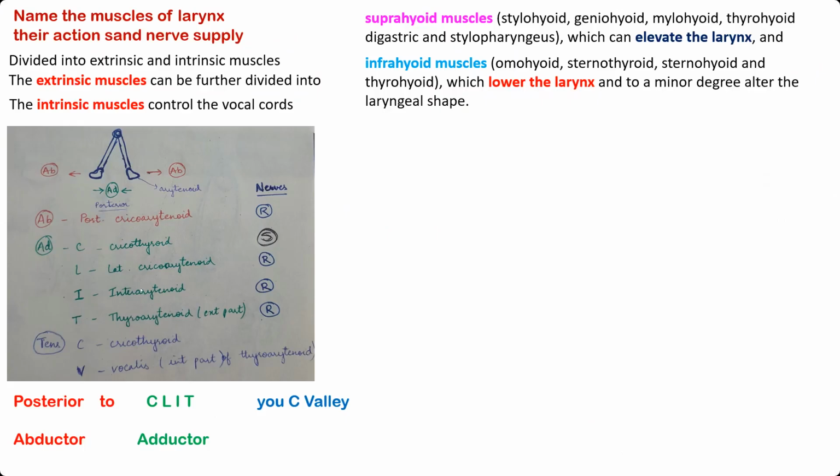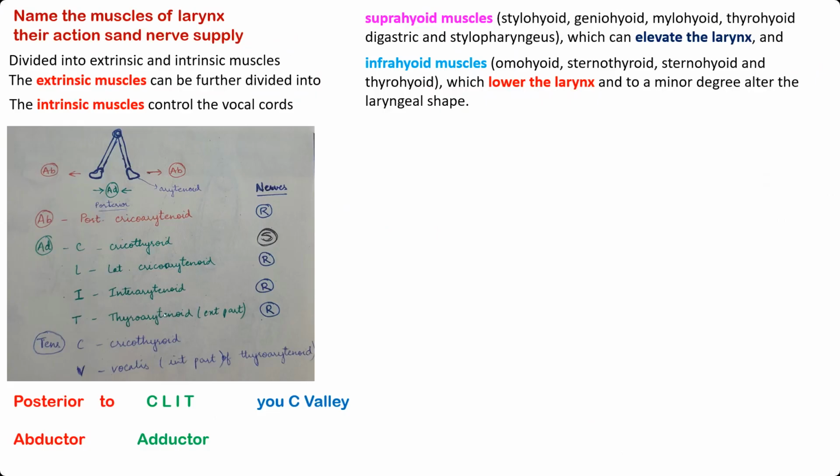Now you see the importance of the arytenoid, how many intrinsic muscles are attached to the arytenoid, and that is the reason why you have to be very careful in not injuring that. If you injure that, all these muscles will lose their action. So you have lateral cricoarytenoid, interarytenoid, and thyroarytenoid.